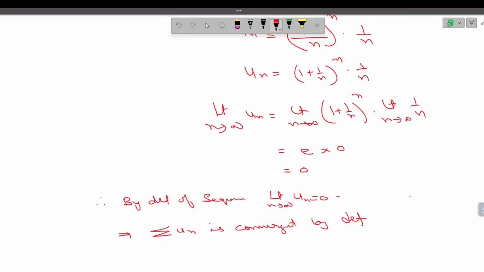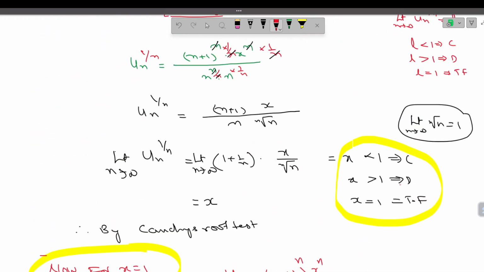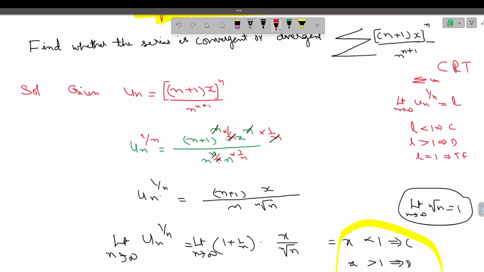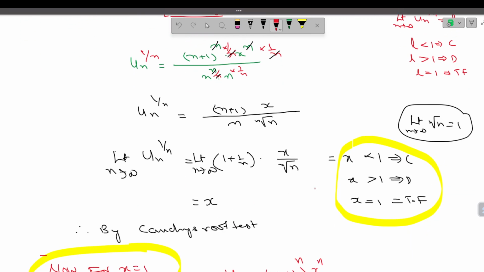That's it. So please see here. When the problem has n in the power, we have to apply the Cauchy root test. We raise un to the power of 1 by n, apply the limit n tends to infinity, and we got x. If x is less than 1, convergent.